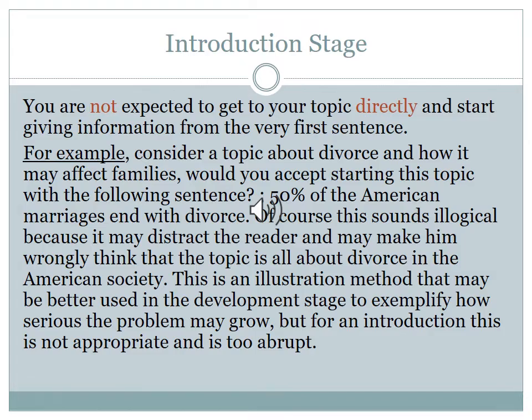Would you accept starting this topic أول جملة كده إنها تكون 50% of American marriages end with divorce؟ دي البداية. طبعا this sounds illogical، غير منطقي، لأنه it may make your reader think it's all about the American society, or it's all about divorce itself, not its effect on families.